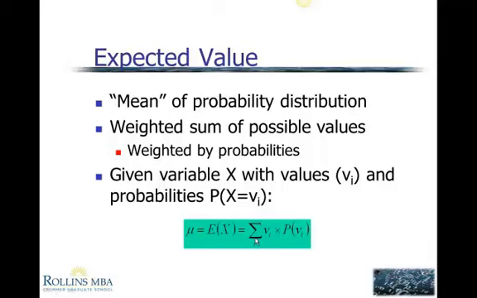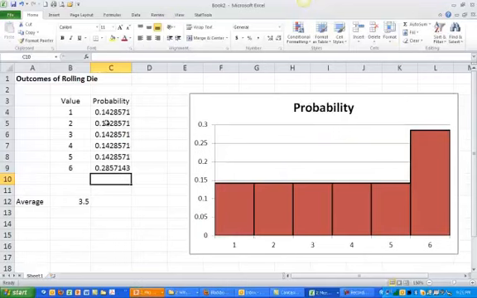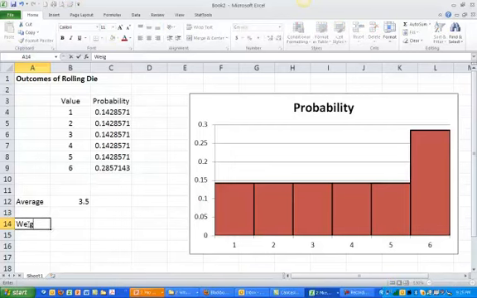So in this case, for our die, where we've got values 1 through 6, we would take the first value and multiply it by its probability. Then the second value, multiply it by its probability, etc. And we end up with a weighted sum that is going to be different from 3.5.